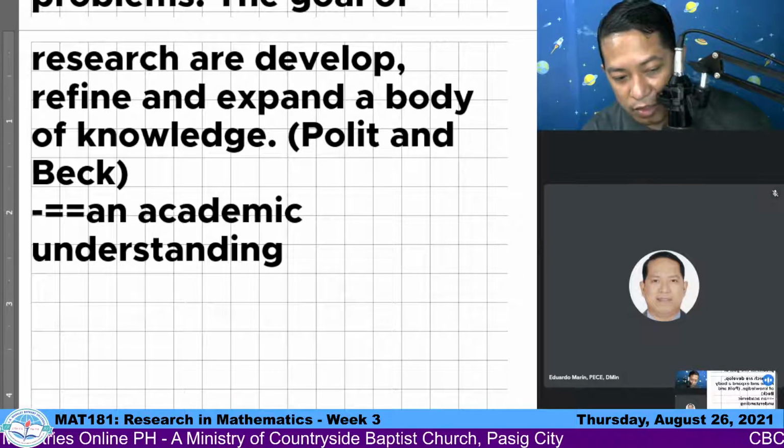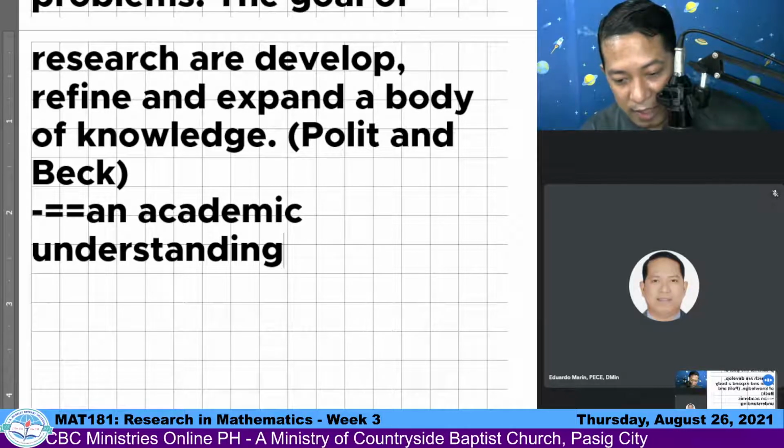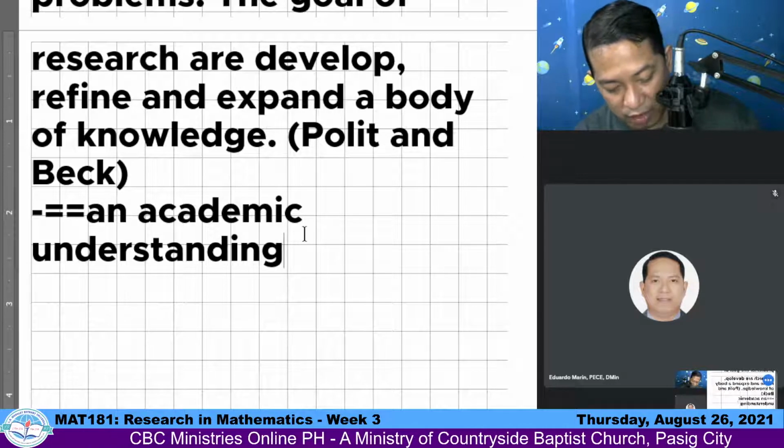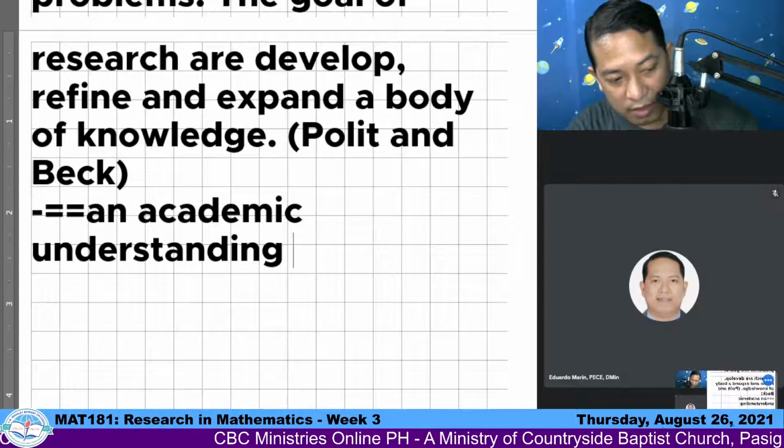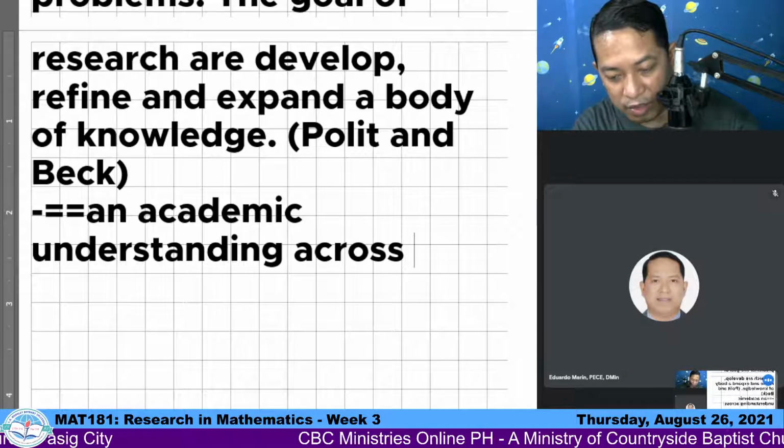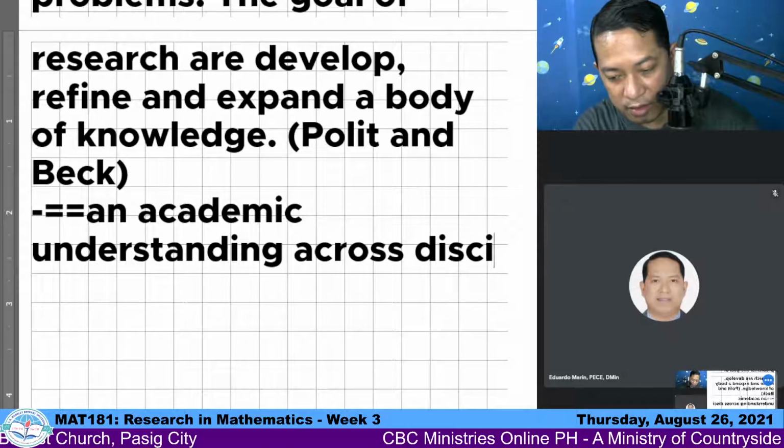Nevertheless, okay, so we define it as an academic understanding as we continue defining research across disciplines. So it could be interdisciplinary.